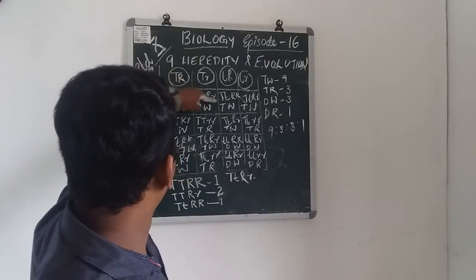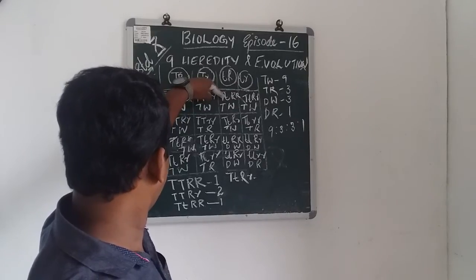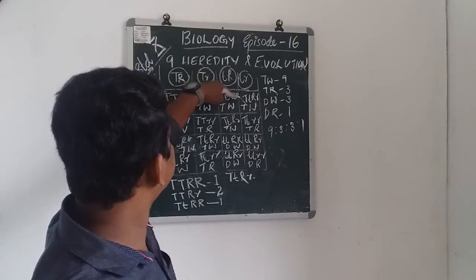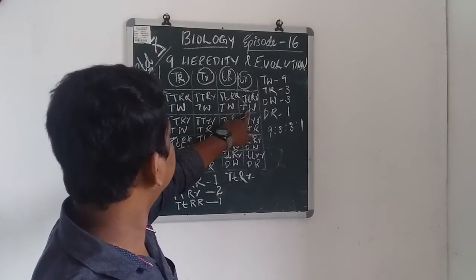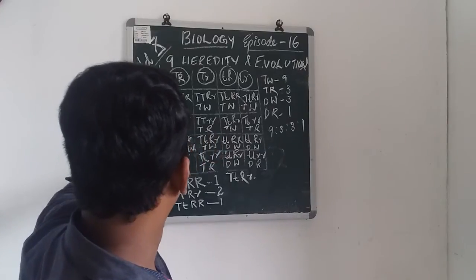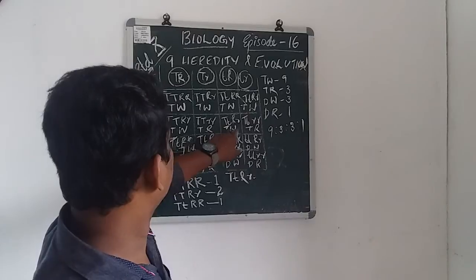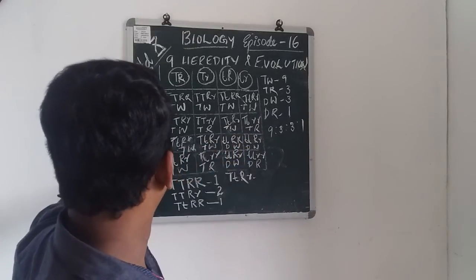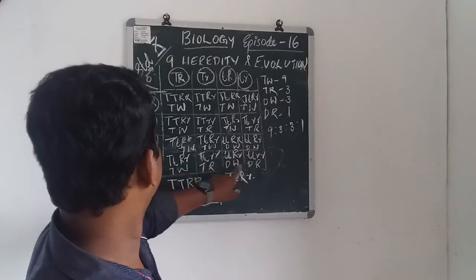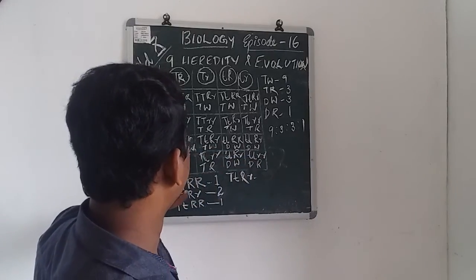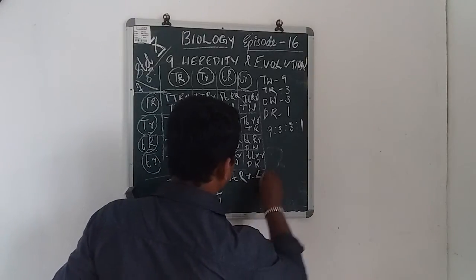Look, capital T, small t, capital R, small r. 1, 2, 3, 4. That is 4.